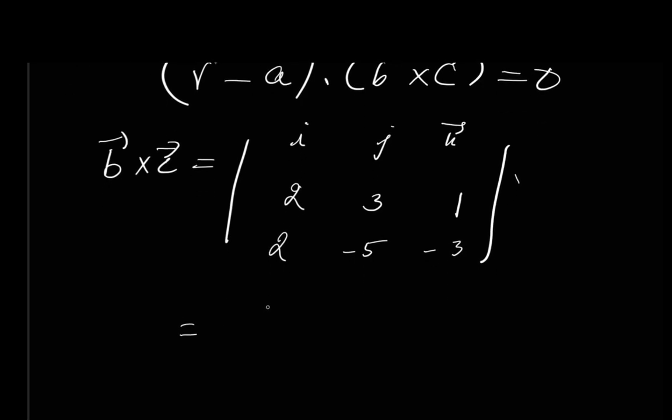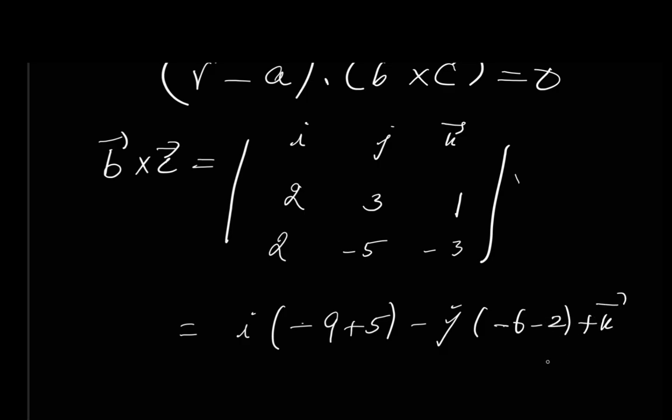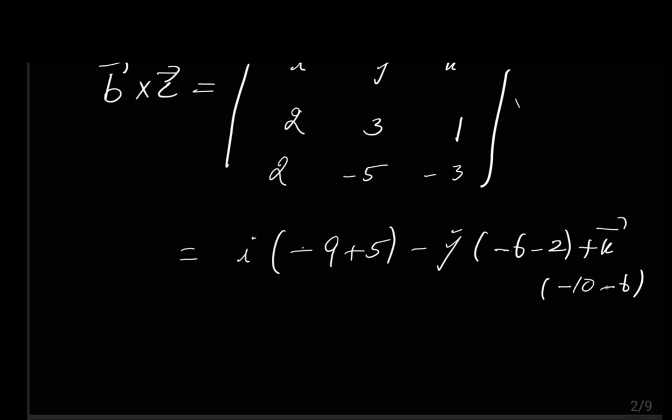Simplifying, you get i times (minus 9 minus 5), that is minus 14... minus j times (minus 6 minus 2), plus k times (minus 10 minus 6). So that is minus 4i plus 8j minus 16k.